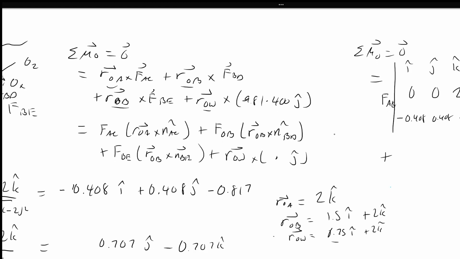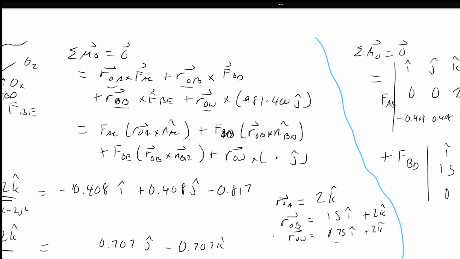Plus, I'm going to draw a little squiggly over here so I can do it vertically. All right, plus FBD, I hat, J hat, K hat. So ROB is 1.5 in the I hat, 0, 2. And then down here, this force is 0.707, and minus 0.707.